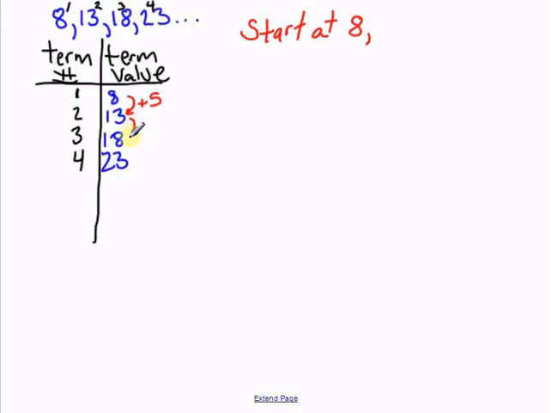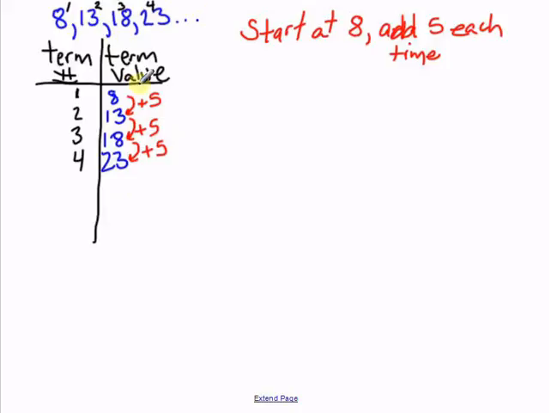To get from 13 to 18, also adding 5. And same thing here. So this pattern is a linear growing pattern. It starts at 8 and increases by adding 5 each time. And that's a very important piece of information. The add 5 each time is very important.